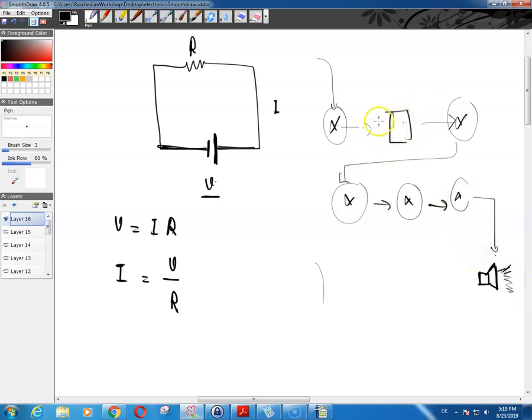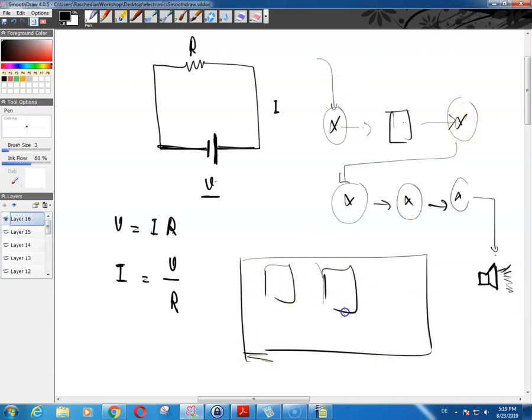So that's basically how a radio works: inside that box there is a circuit board, and on this circuit board all of these modules are laid out on different parts of the circuit, and they work together to do what is supposed to be done in the case of that circuit.